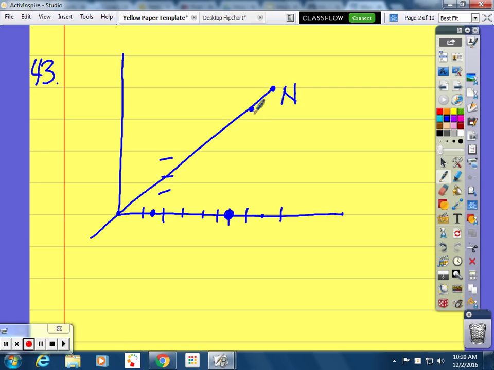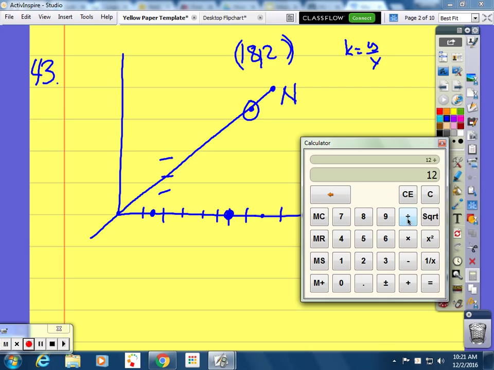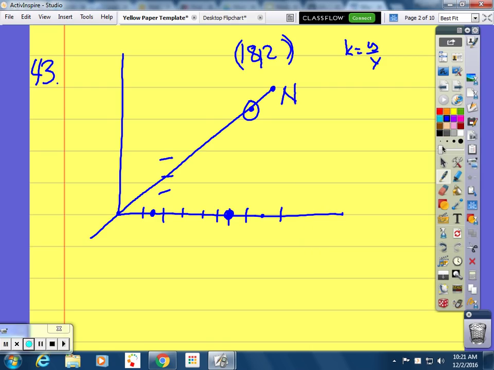If you have a bad graph, again, we are talking about proportions. So there should be a constant. It said N is at (18, 12). So we know that the constant is equal to y over x. Pull up my calculator, and I can do 12 divided by 18. That gives me 0.66667. I know these are not it.